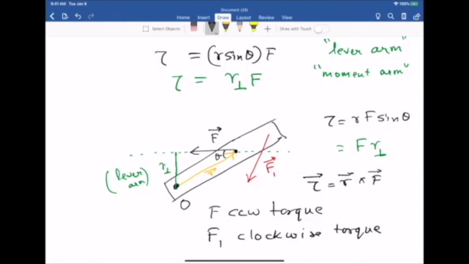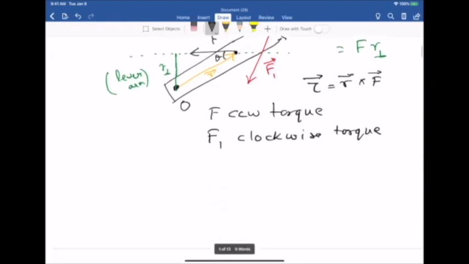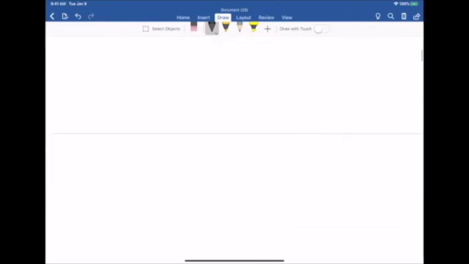Let's look at an example of applying the torque formulas. The torque formulas that we just saw were torque equals R cross F, that's the most general formula, which can be written as the magnitude of the torque. Remember that if you don't put the vector arrow, it just means the magnitude of that vector.